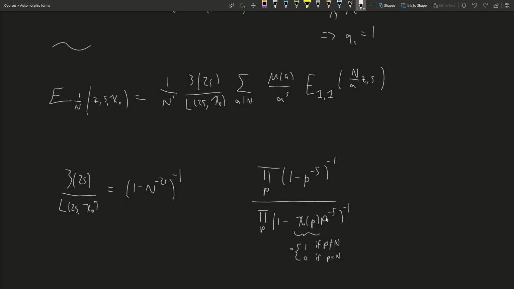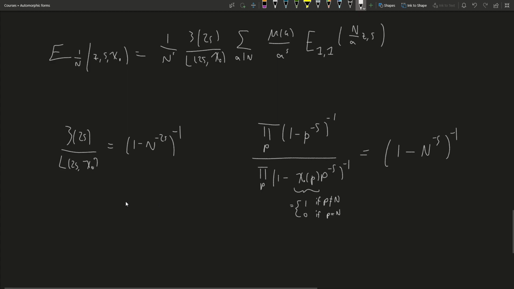And when it's 0, then you just don't have this term, and you have just a 1 here. So what that means is that in this ratio of Euler products, every factor except the p equals n factor cancels out, and you're left just with 1 minus n to the minus s, to the minus 1. So that's why this ratio is this.